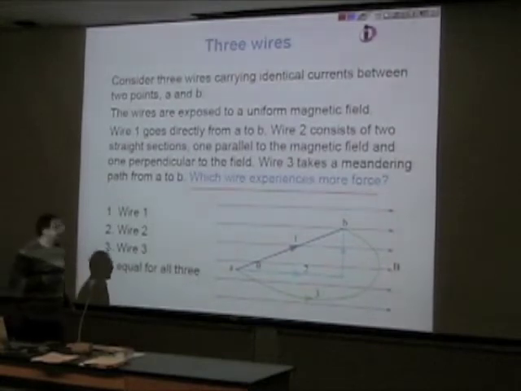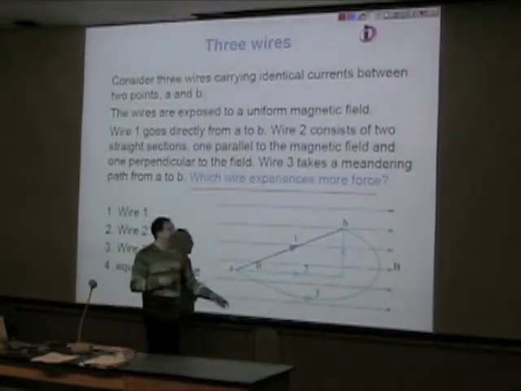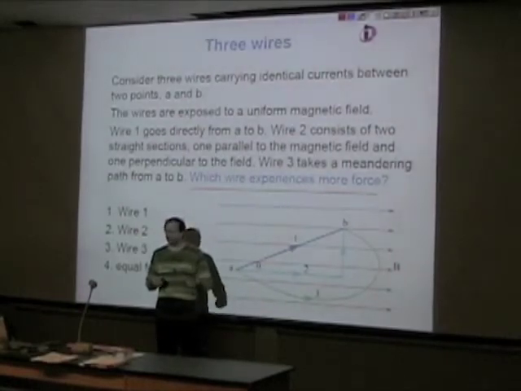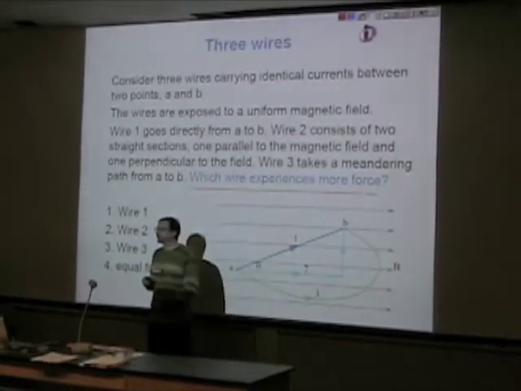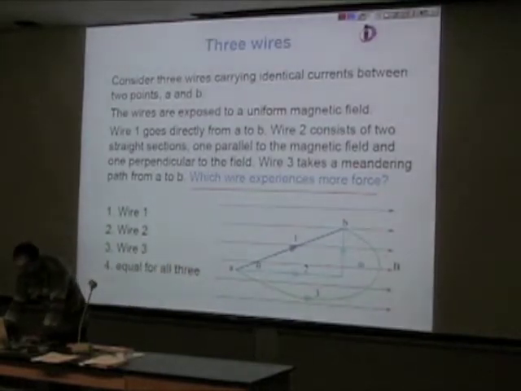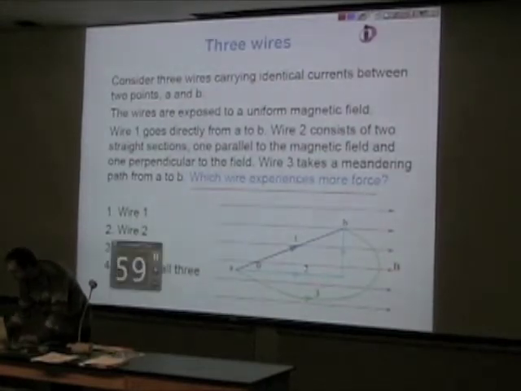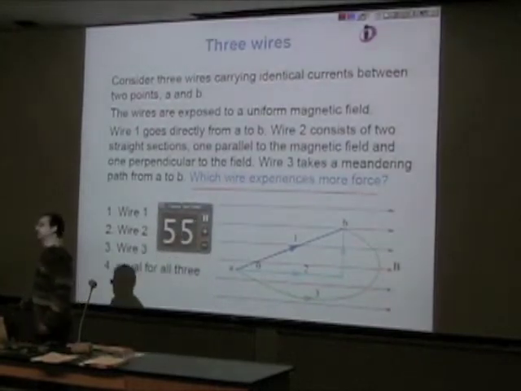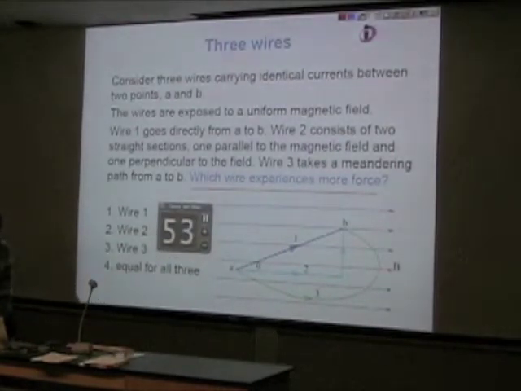What do you think about this situation? We just said wires number 1 and wires number 2 experience the same net force. What about wire number 3? Which is not just angled. So which of these 3 wires experiences more force?